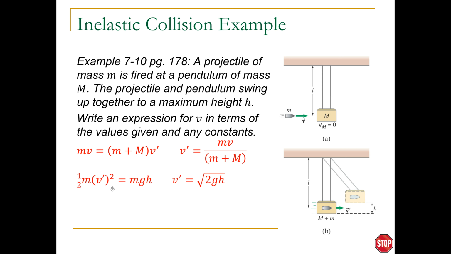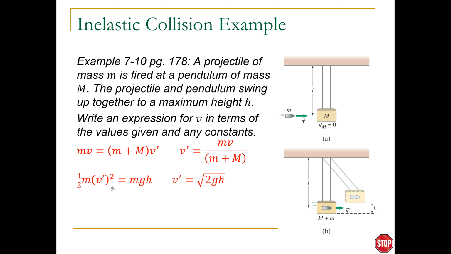Again, that's our basic equation for gravitational potential energy. If you notice, though, the mass cancels out, so I don't even need to worry about substituting in lowercase m plus capital M, because whatever the mass is, it cancels.